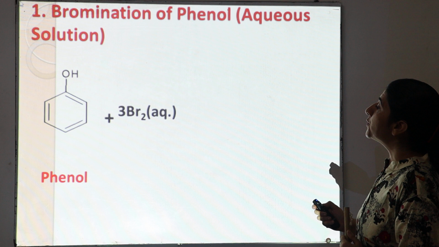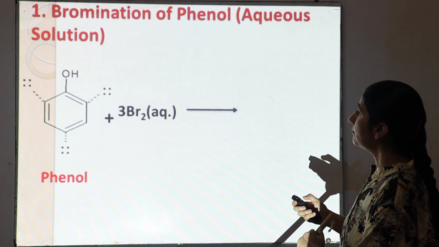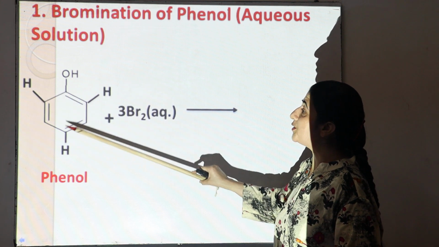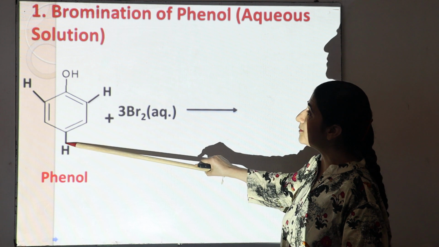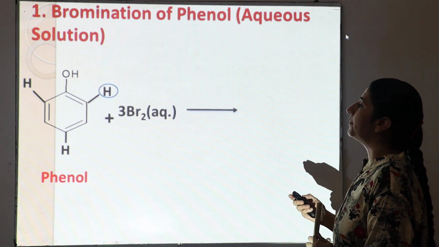a solvent. So in this case, all the 3 hydrogens which are present at the ortho and para positions of the benzene ring with respect to the OH group are replaced by bromine.